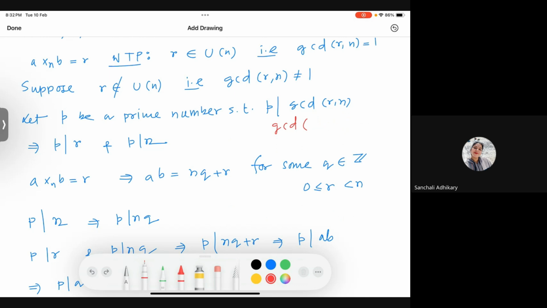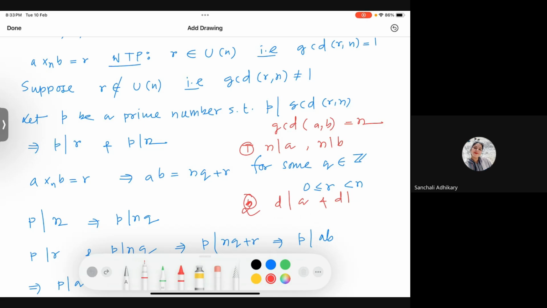Now, I am writing the definition of GCD. If I am saying N is the GCD, it will imply N divides A and N divides B. Secondly, if D divides A and D divides B, it means D is a common divisor of A and B. It will imply D divides N. And what is the full form of GCD? The greatest common divisor. Okay.